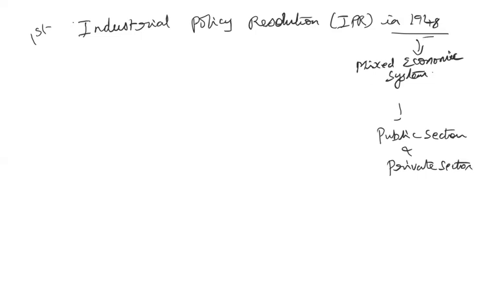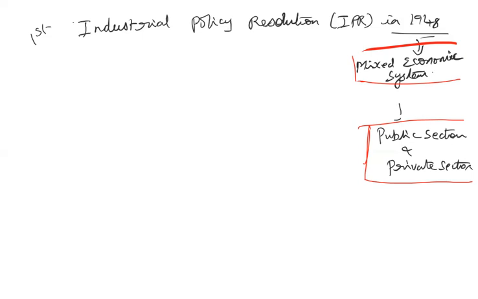So from 1948 onwards, as soon as India attained independence, the government decided that India is going to have both public and private sector in the establishment of industries and other activities in the country. As I mentioned, the industrial policy resolution is about the pattern of industrialization.